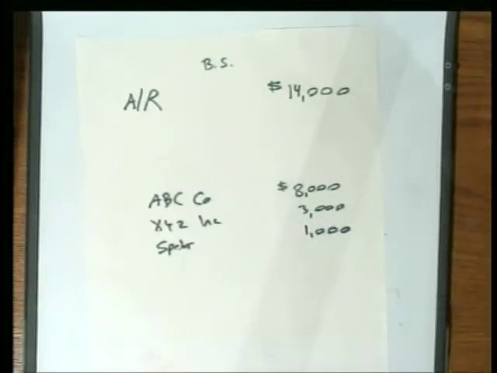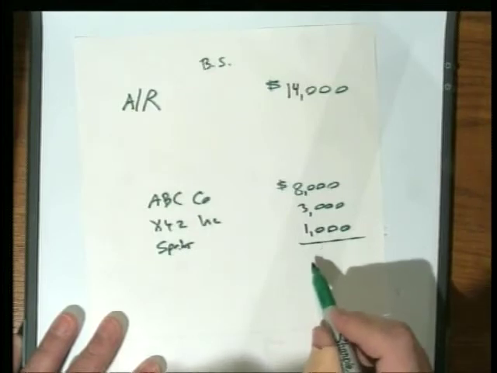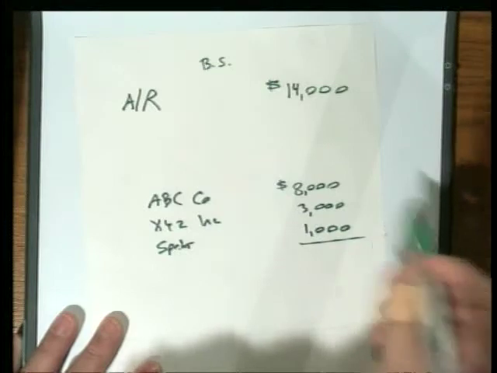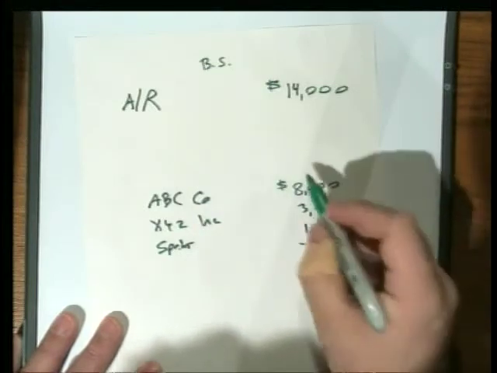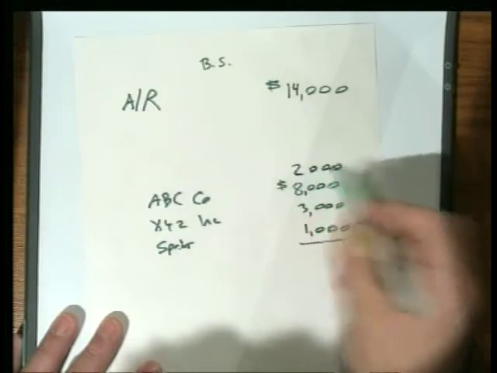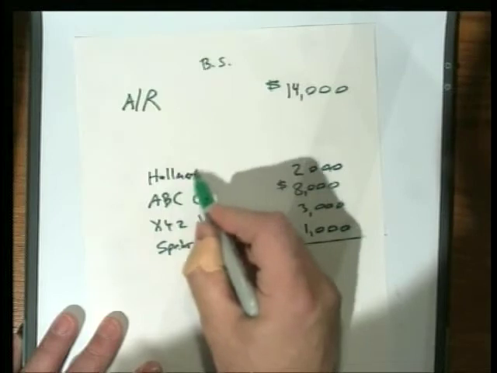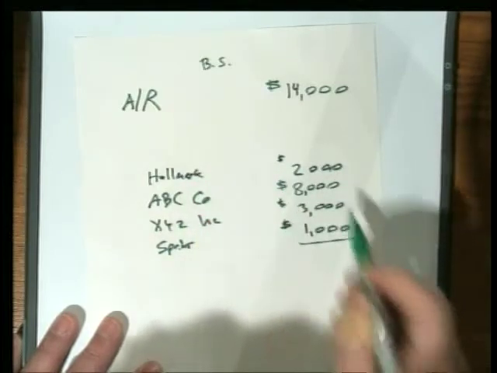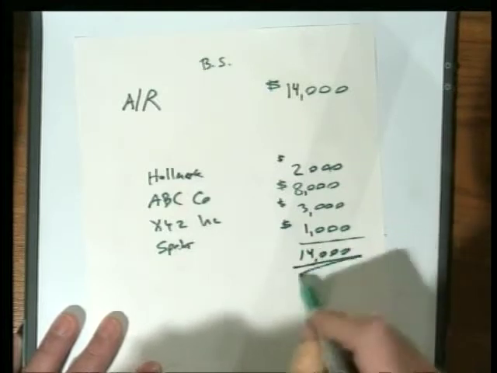What's the total of that? Hopefully it's 14. No, that's 12,000, isn't it? Sorry, I blew it. We'll add one more at the top. I need 2,000. Let's say Hallmark owes me $2,000. And what does that total up to?